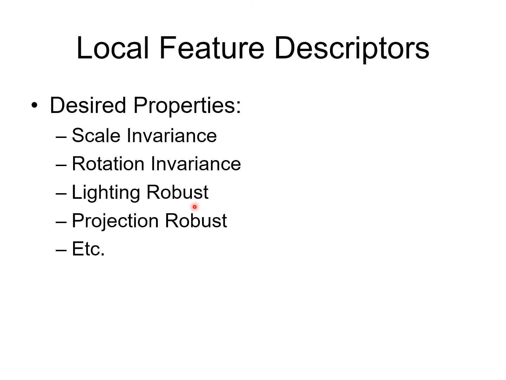If it's just a minor change of the lighting condition, the gradients don't change that much. Further, SIFT has converted the gradients to a statistic of the gradient orientations, so the change according to lighting can be quite minimal. It is also similar for projection robustness. So that's why SIFT plays a very important role before convolutional neural networks became widely used.